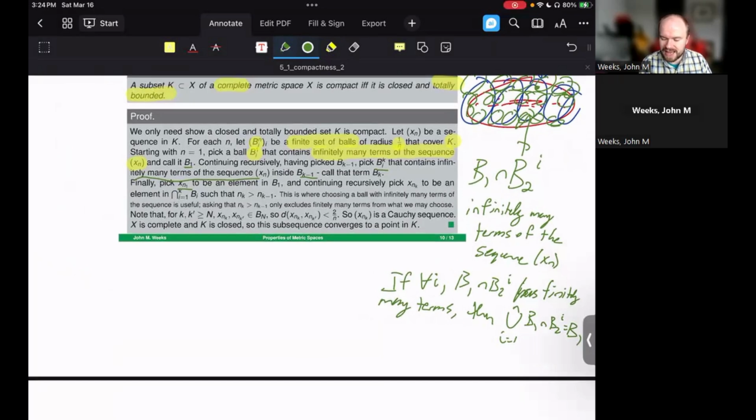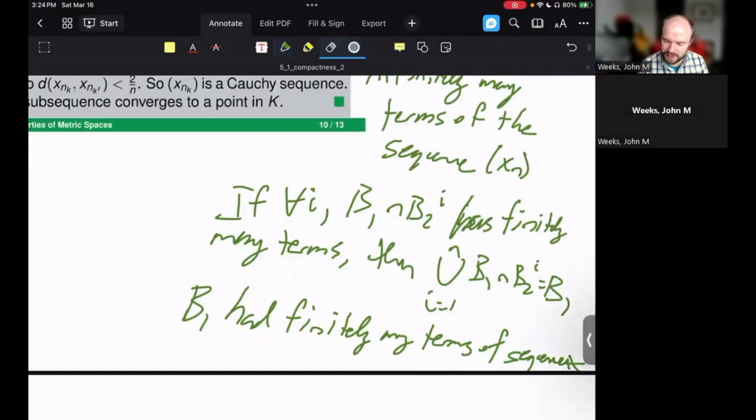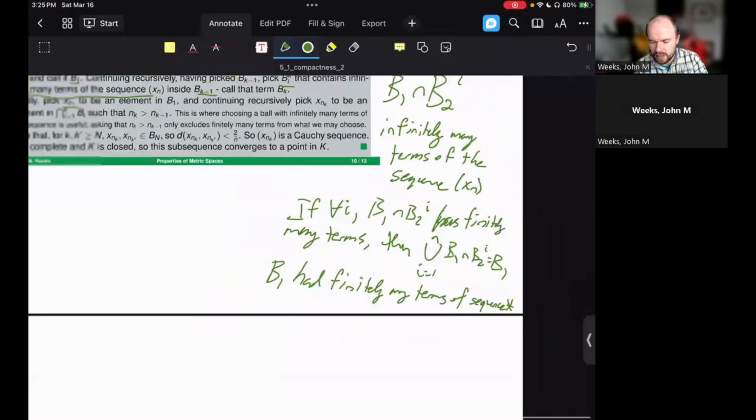So since that is equal to B1, then B1 had finitely many terms of the sequence, which would be a contradiction for us.